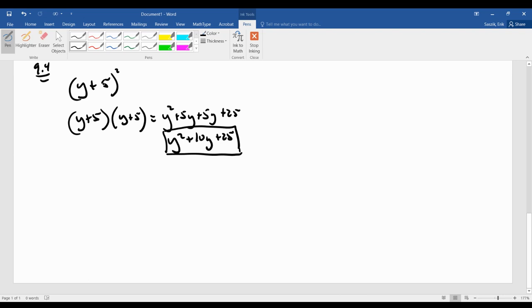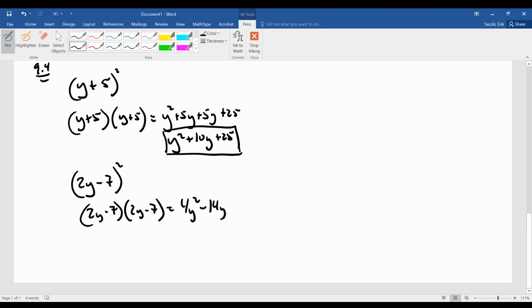And then there's something else like this, you know, I could do 2y minus 7 squared. But again, there's a special case that goes with this one too. I don't think it's worth memorizing. You're better off just, you know that squared means multiply by itself. Just do your distribution. 4y squared minus 14y.